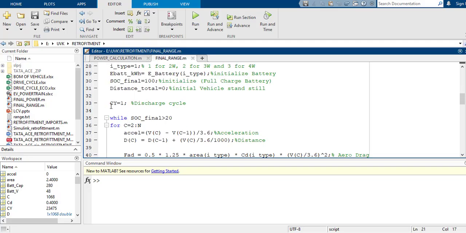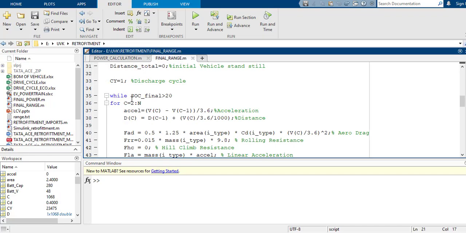Then we consider a discharge cycle for one cycle. Then we consider an SOC, the state of charge, which is greater than 20, meaning when our battery is from 20 to 100, in that period only we calculate the range for the vehicle.